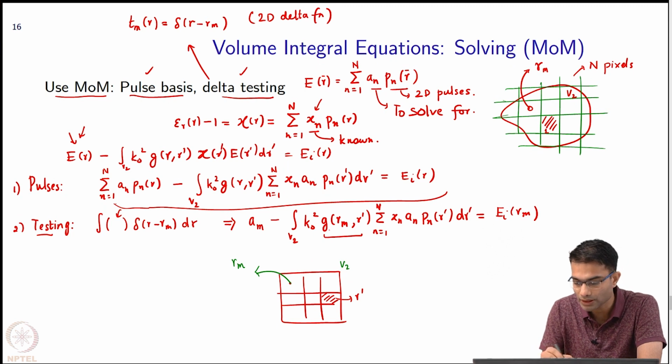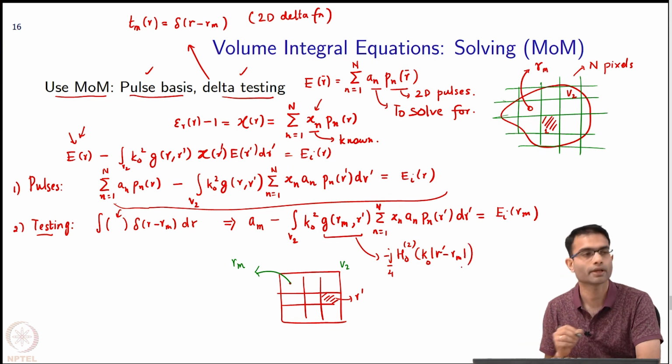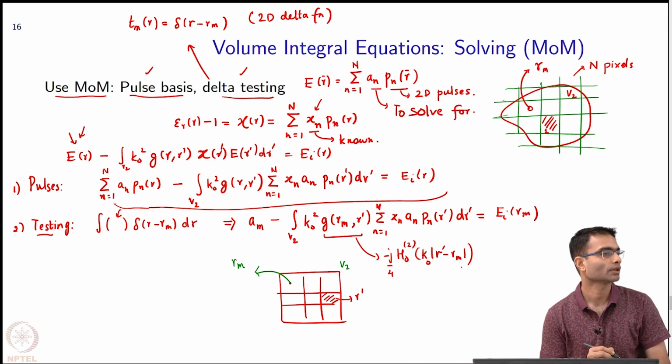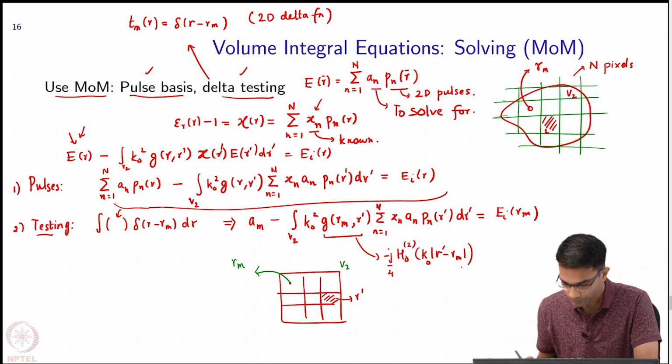So, then g of r prime, what was this function? This was minus j by 4 H naught 2 of k naught of r minus r prime, right. That was the definition of Green's function. Take the 2 points and take the distance between them, that is what it was.